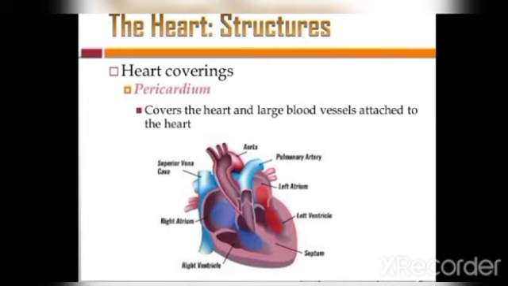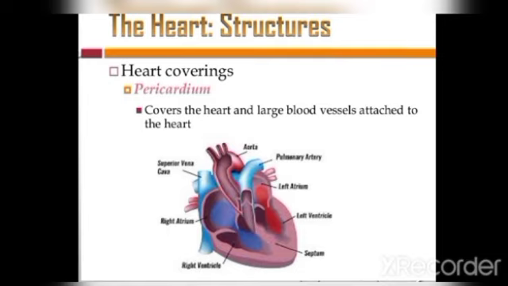Now if we talk about the structure of the heart, the first structure that protects the heart is the pericardium. It is a thin, transparent, two-layered structure. That is, there is an inner pericardium layer and an outer pericardium layer.